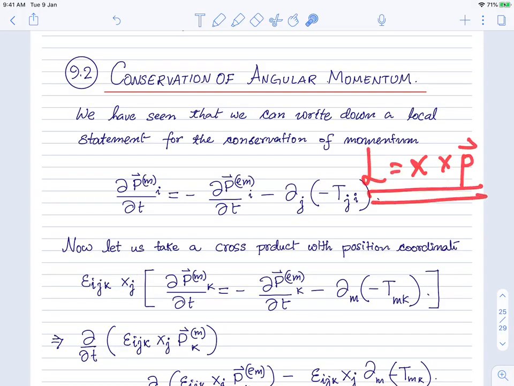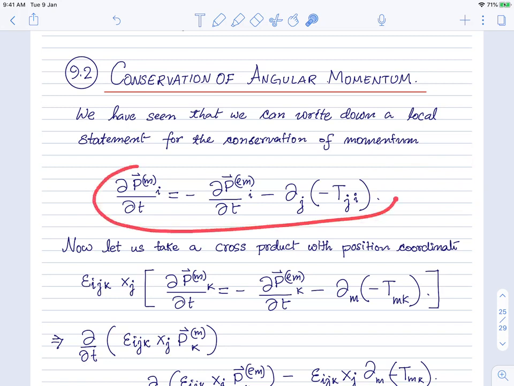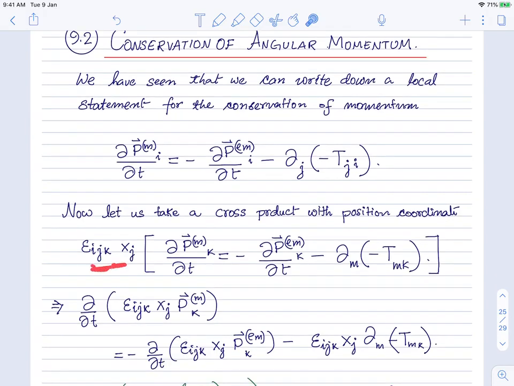So we can take the conservation equation for linear momentum and cross it with x to find the conservation of angular momentum. I have written this down in epsilon notation: we take epsilon ijk xj, where k is the free index.